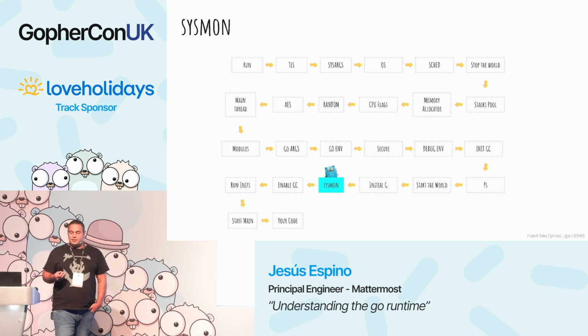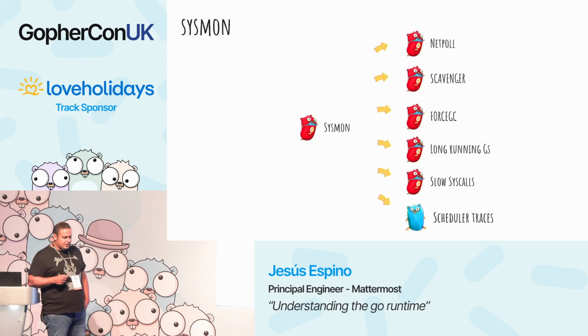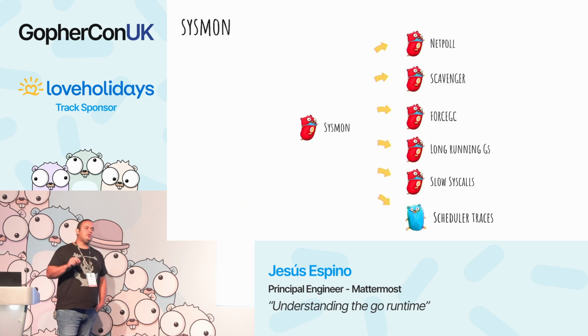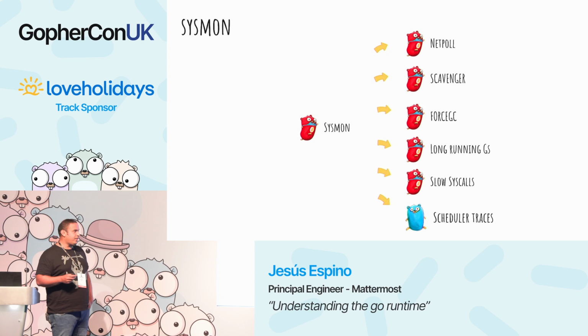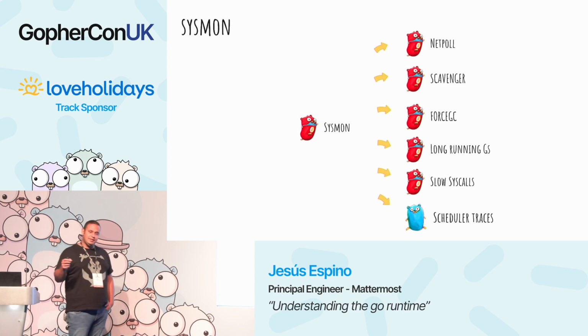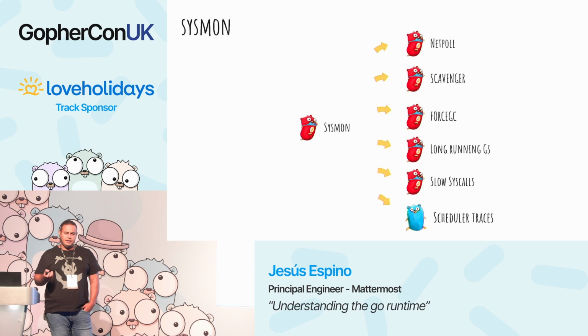But what is the system monitor doing? What's the responsibility of the system monitor? Every 10 milliseconds, it's going to run and start checking if there's something in the net poller that has already finished. The net poller allows Go to do network requests in a more efficient way.